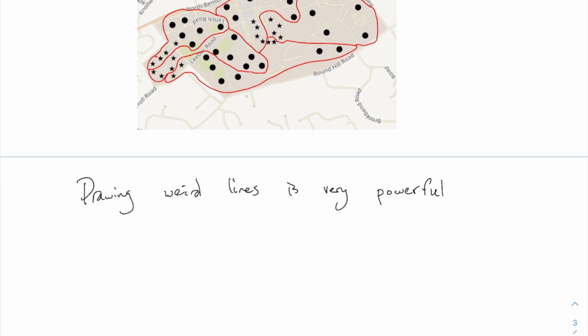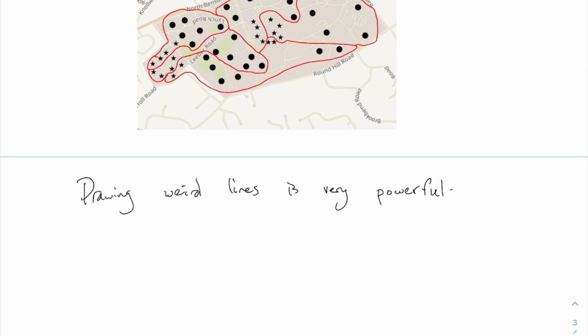There are some impossible results, but within reason, you can cause very different results to occur without actually changing any of the voters' minds about anything. That's the moral of the story in terms of the real world. It is much easier to win an election by redrawing the lines than it is to actually change people's minds about the issues, right? Drawing weird lines is very powerful.